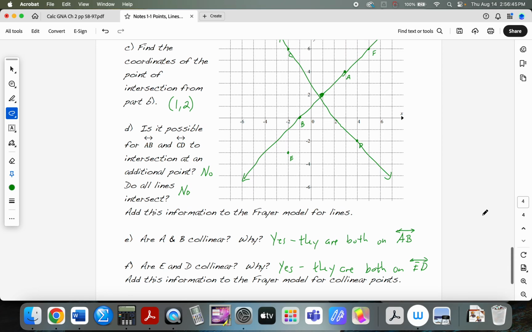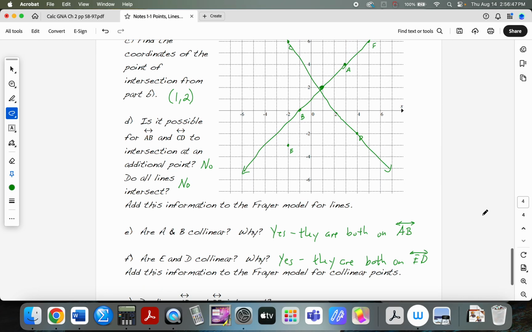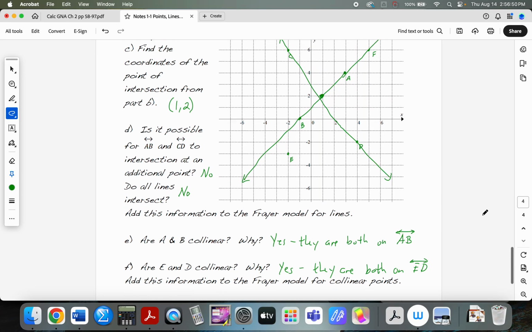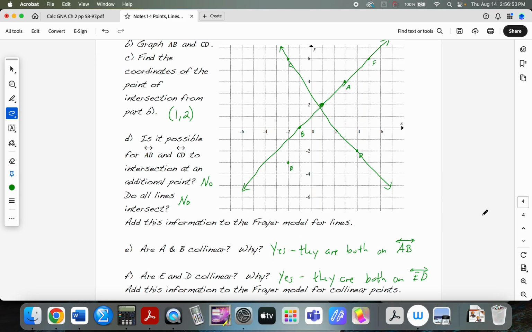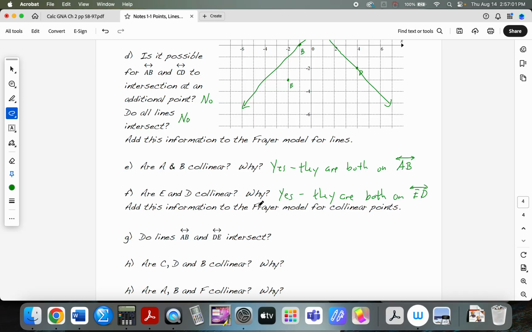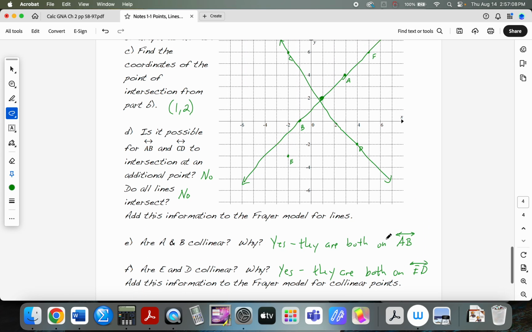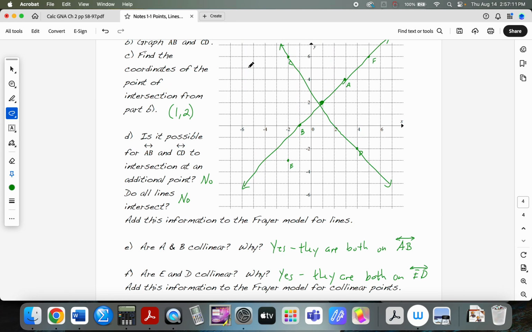Do lines AB and DE intersect? Lines AB, which is drawn in for you, and DE, which is not drawn in for you, are they going to intersect? Yeah, because they're not parallel. Now, next question: are C, B, and D, and I'm going to make these points really big, collinear?